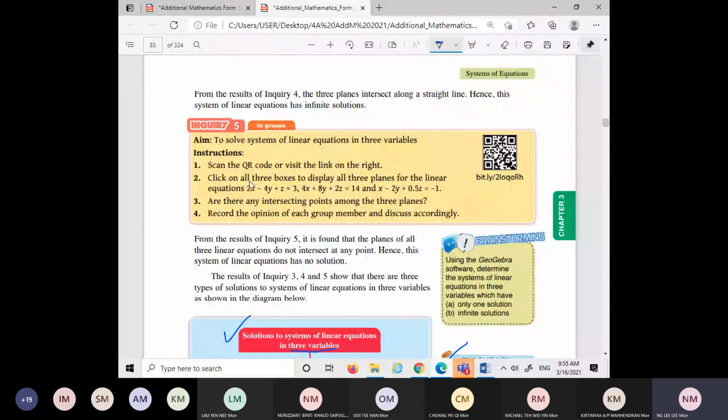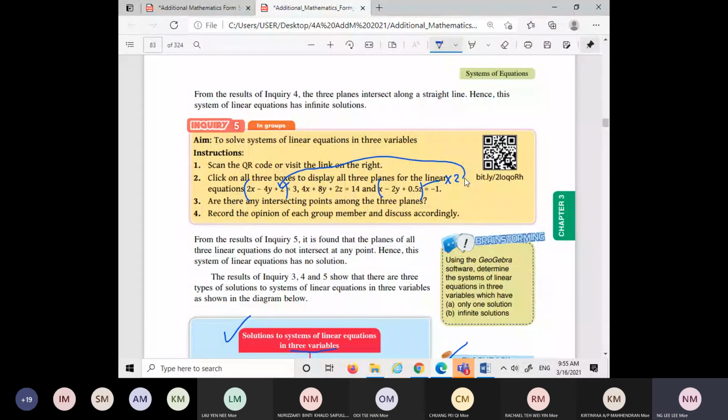Let us see this and this. You times 2, and you will get this one. So 2x, negative 4y, then 0.5 times 2 is 1z. This is why this one also has no solution.